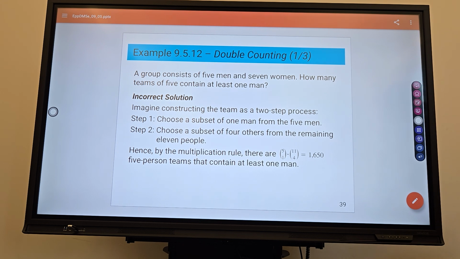Imagine constructing the team as a 2-step process. Choose a subset of 1 man from the 5 men. Choose a subset of 4 others from the remaining 11 people. Hence, by the multiplication rule, there are 5 choose 1 times 11 choose 4, or 1,650 5-person teams that contain at least 1 man.